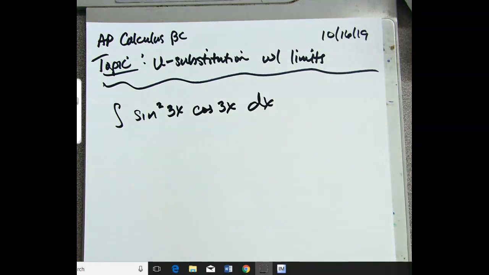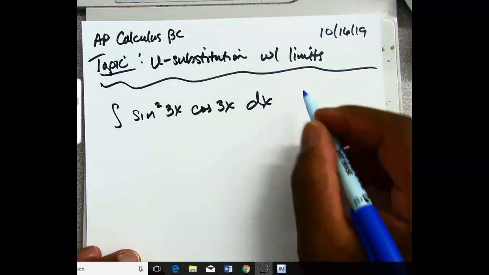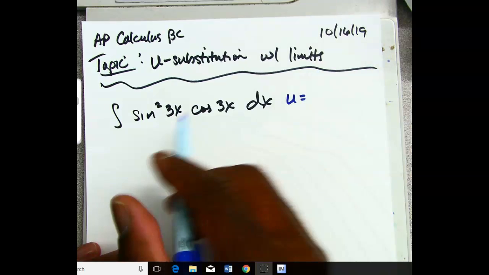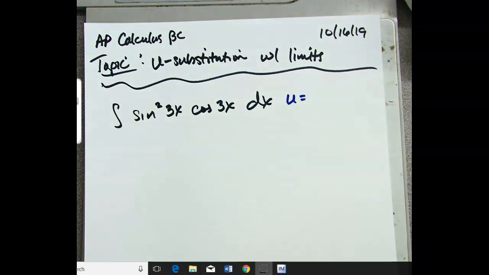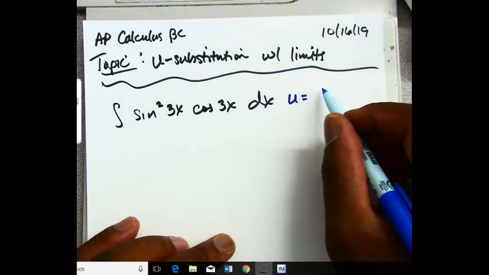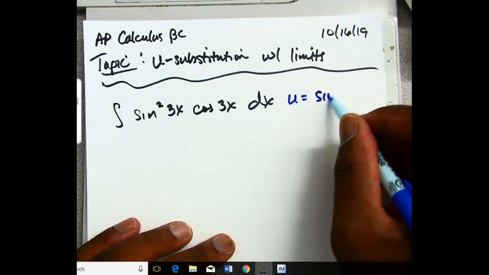What do we do? What's our u? Sine 3x. Why are you choosing sine of 3x as your u? Because that's the inside function. Our outer function is something squared, and the inside function is sine of 3x. So u equals sine of 3x.